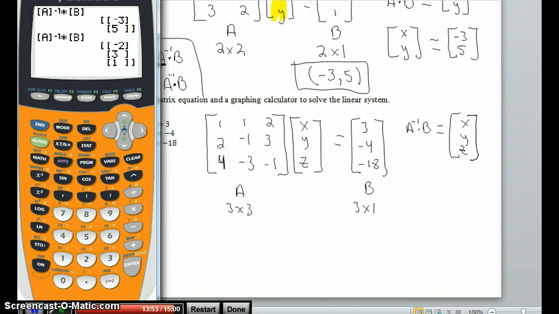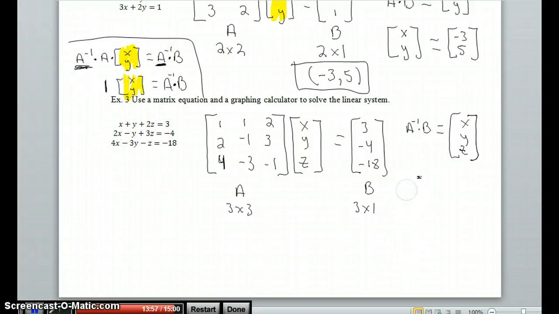And so in this case, this matrix X, Y, Z equals -2, 3, 1, which was on the screen a second ago.